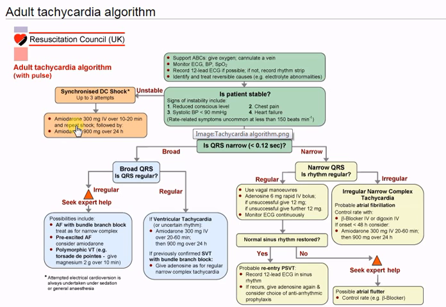But with my experience, the patients usually come to normal rhythm, not in tachycardia.